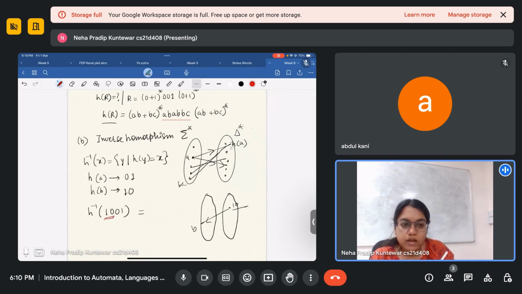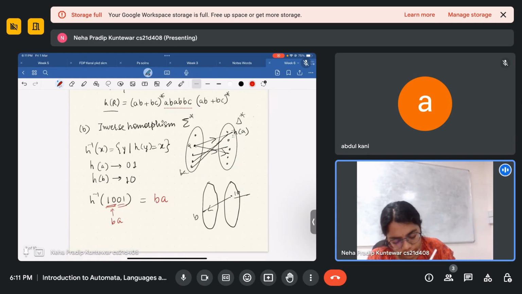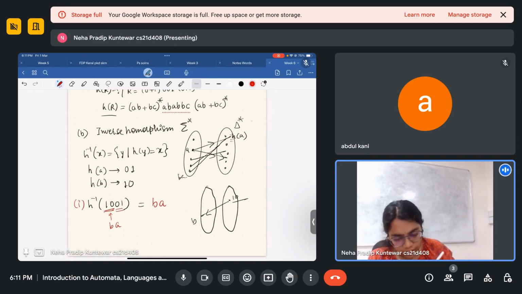So this clearly tells us that this part has come from B and it couldn't have come from anywhere else. Similarly, you look at the second half, which is 0 1. There's only one way in which you can get 0 1, that is by taking A. So H inverse of 1 0 0 1 is BA. That is the answer for the first part.